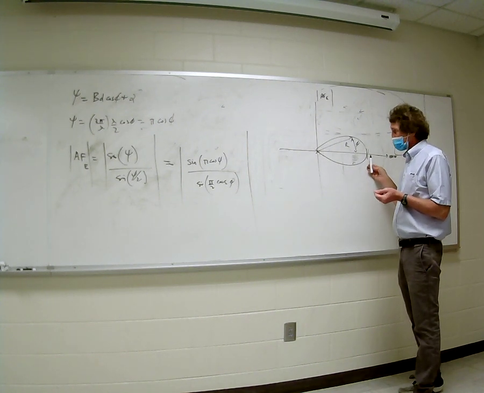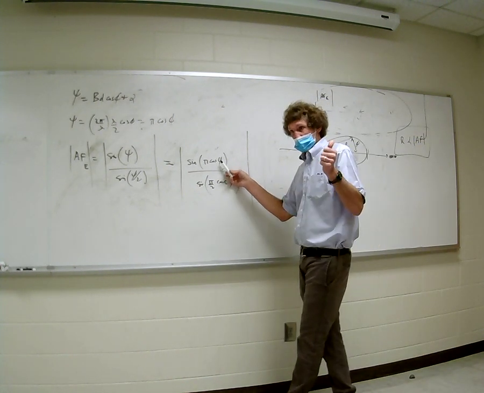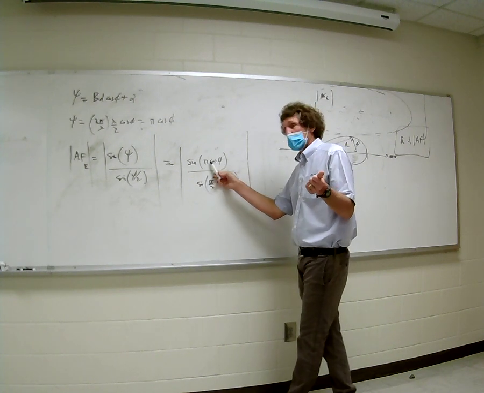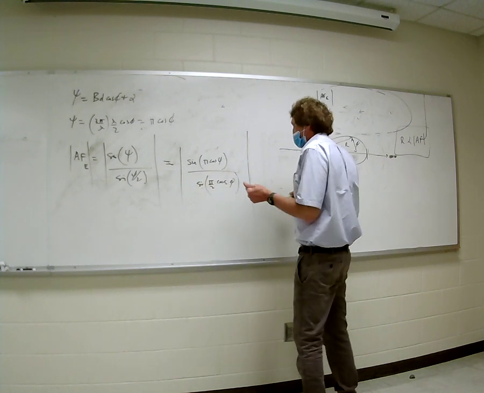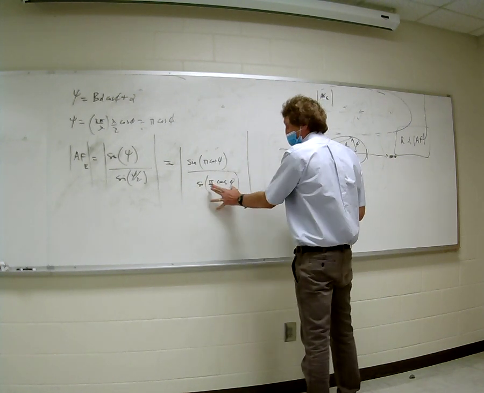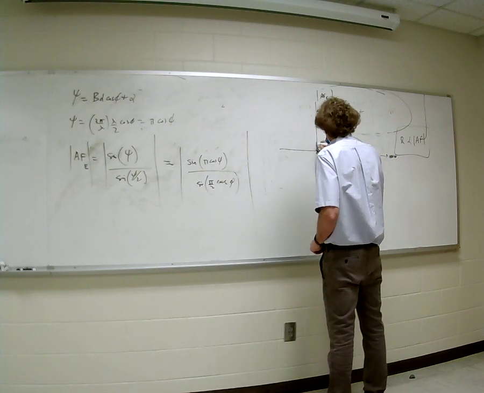Where's the next zero? Pi. Well, where's this zero? We know it's zero at zero. What is the cosine of what angle is zero? Pi over 2. So when the angle is pi over 2, this is a 0, and this still has a value, so there's another 0 up here.